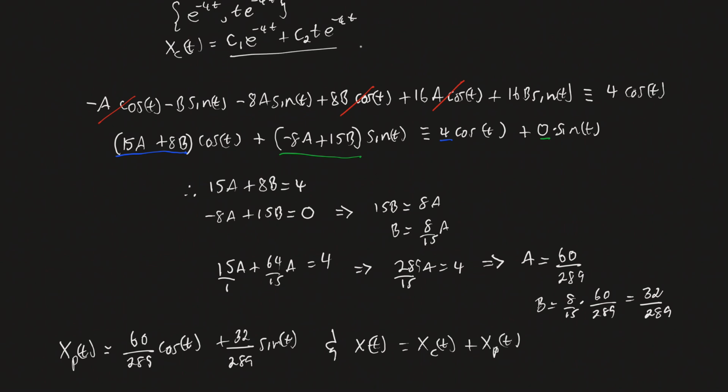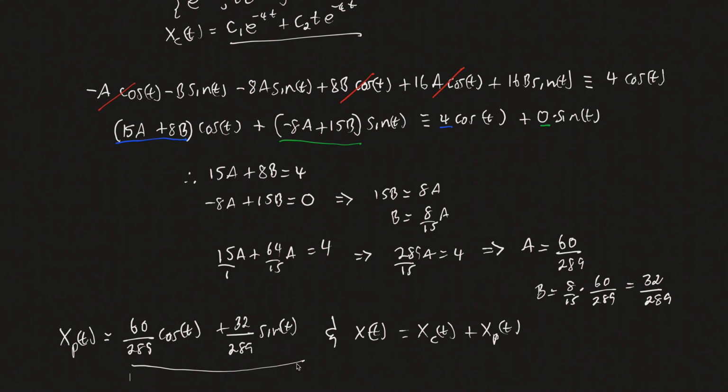So add this function to this function, and here's our final answer. It is c1 e to the negative 4t plus c2 t e to the negative 4t, and then plus 60 over 289 cosine of t plus 32 over 289 sine of t, and this would be in feet, right?